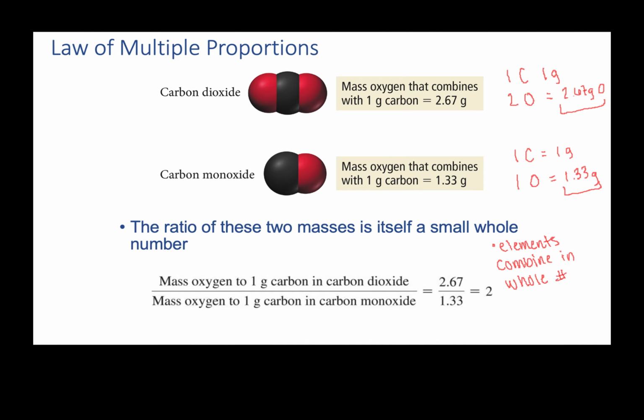So whole number ratios, meaning that we're never going to see a molecule containing half of an atom. We're never going to see a molecule containing 1 carbon and 1/3 of an oxygen, for example. We're always going to have whole number ratios between the atoms in our molecules.